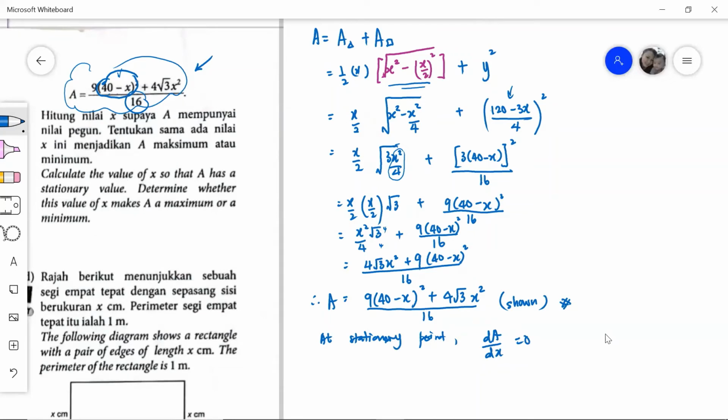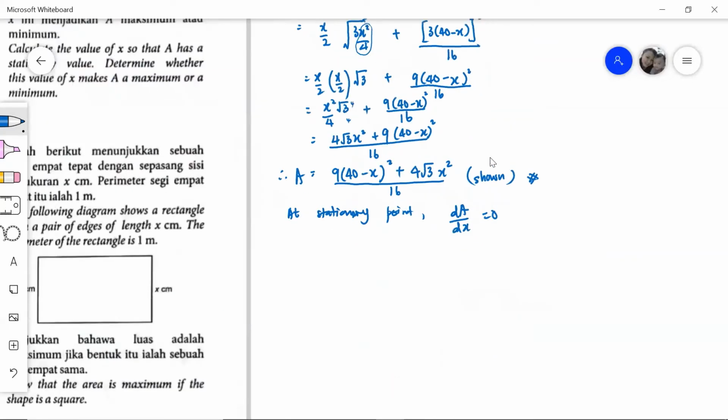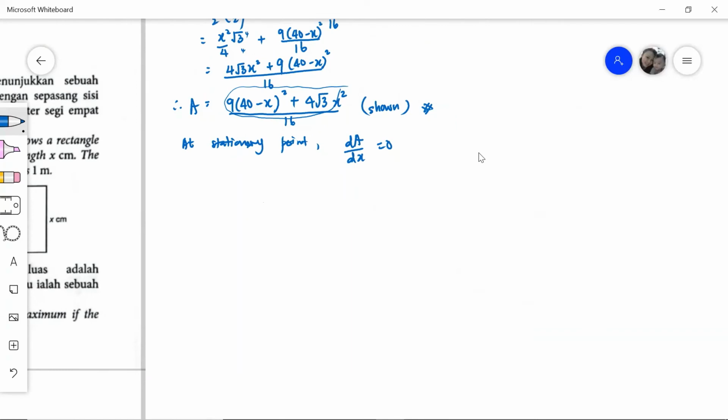Okay, so let's differentiate this. We can take out 1 over 16 first. We differentiate the term inside. So bring down the power to the front, do outside, do inside. So we have 18 times 40 minus x, and then do inside, inside is -1, plus bring down the power, so we have 8 root 3 of x. That equals 0.